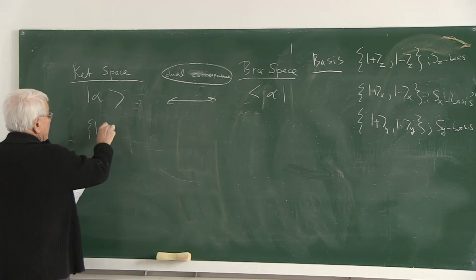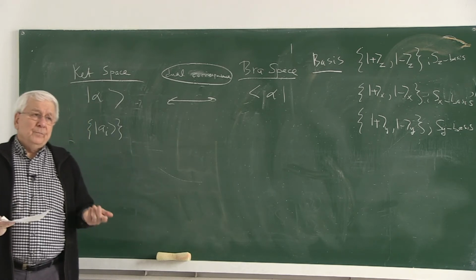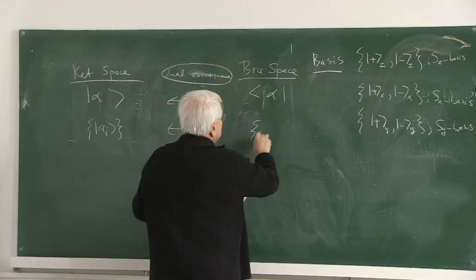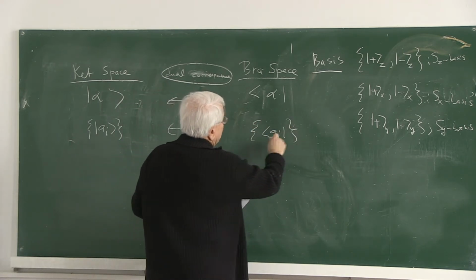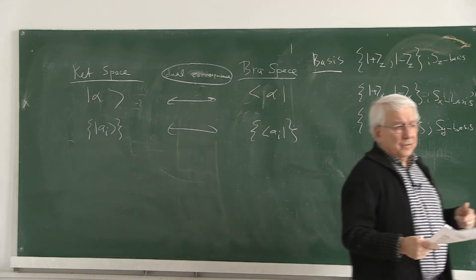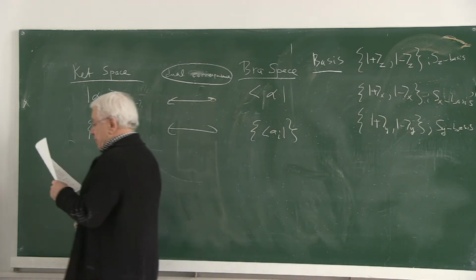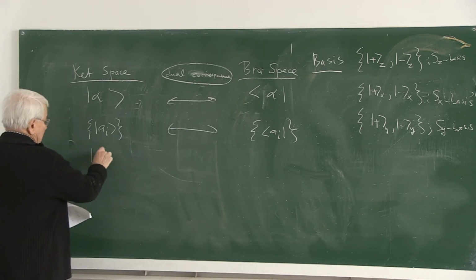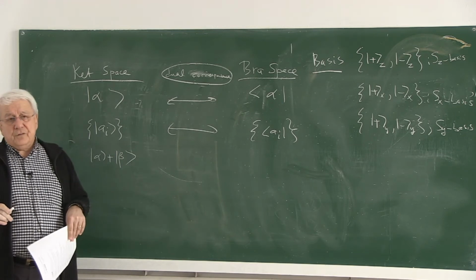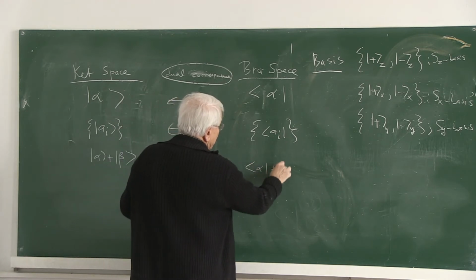And we have the collection of basis vectors. We choose the basis vectors to be the eigenvectors of an observable. And there will be a dual basis denoted by these dual, the bra basis vectors. And the correspondence is valid for this superposition of two cats, alpha plus beta, and it has the corresponding ones in the bra space.